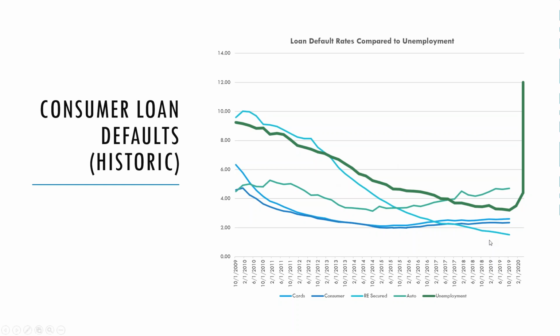This is a 10-year graph that we assembled last night. If you look about 30 years back, it tends to mirror. Certain products move more closely. Cards tend to move very closely with unemployment, whereas real estate tends to have other factors to drive it. But what we see at the far right is the unemployment rate as of today.